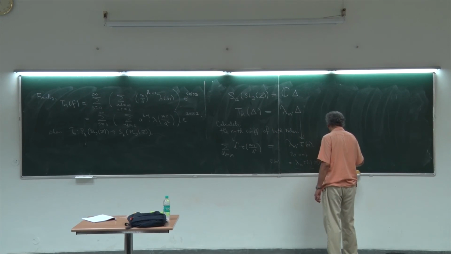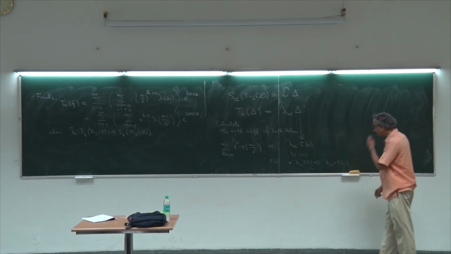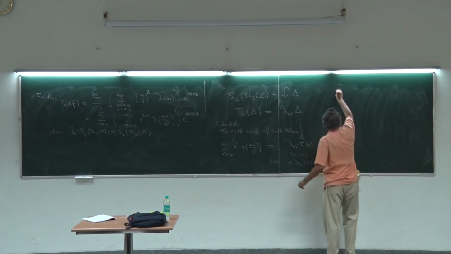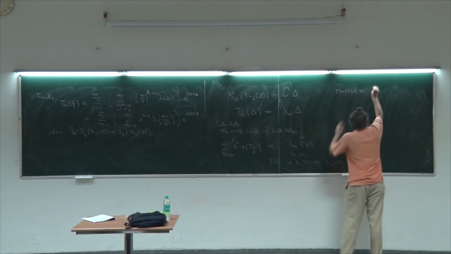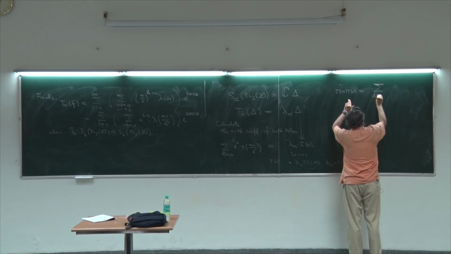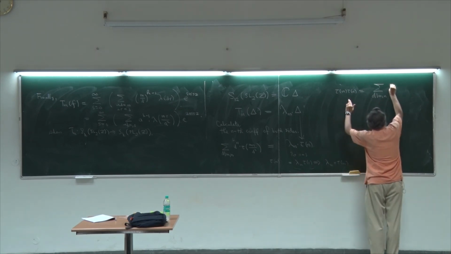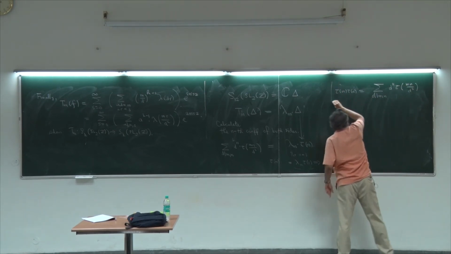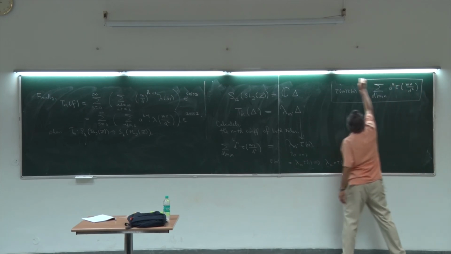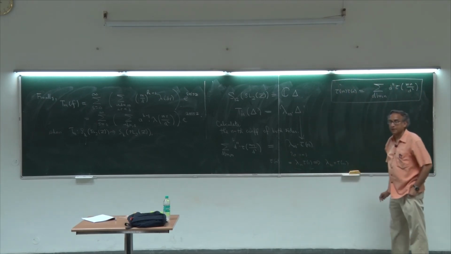And therefore, I end up getting the relation tau of m times tau of n is equal to the summation over d divides m and n, d to the power 11, tau of mn over d squared. So this is the formula that I get for all m and n.